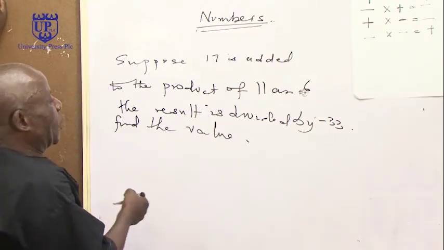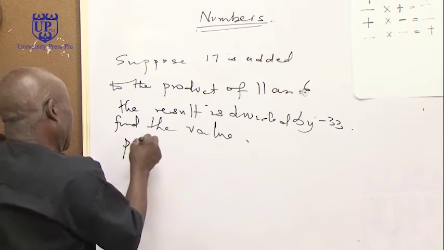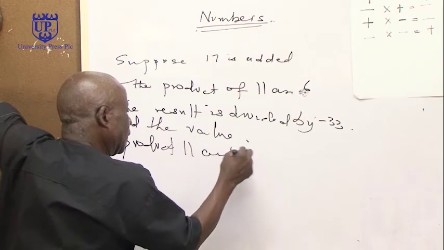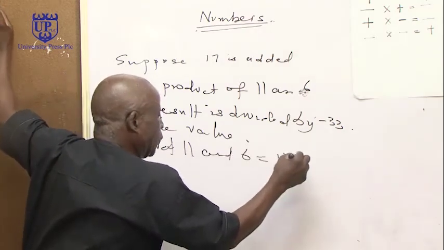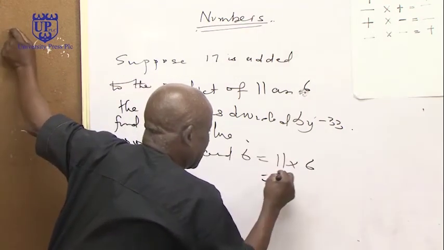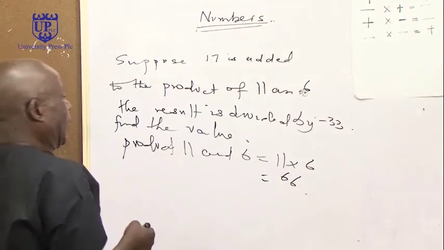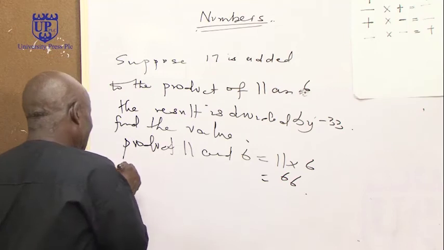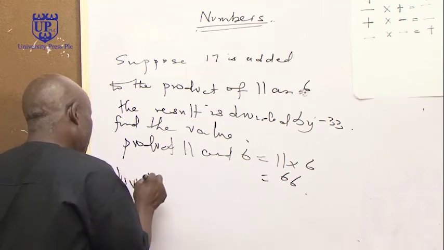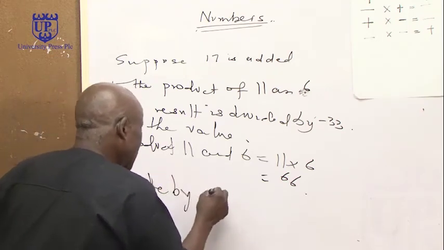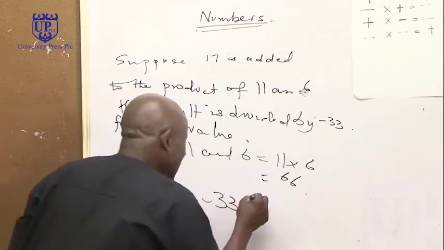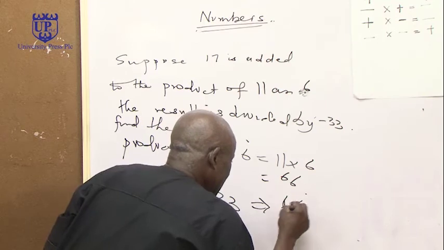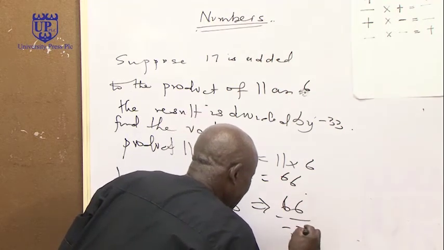Now, the product of is a product. 11 and 6 is 11 times 6. You have to write them down. That is 66. Divided by minus 33 means 66 over minus 33.